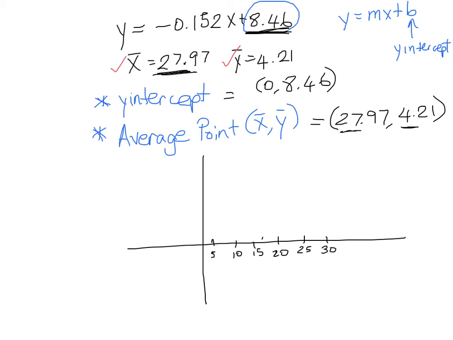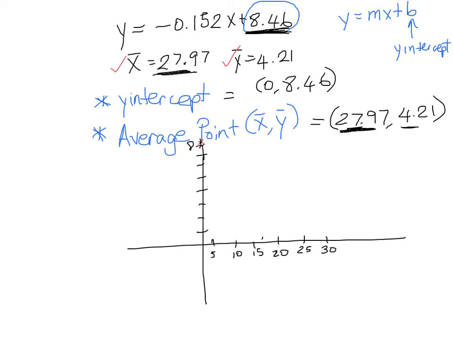That's probably all we need. Our y-intercept is 8.46, so we have 1, 2, 3, 4, 5, 6, 7, 8. It crosses at 8.46, a little higher than 8.